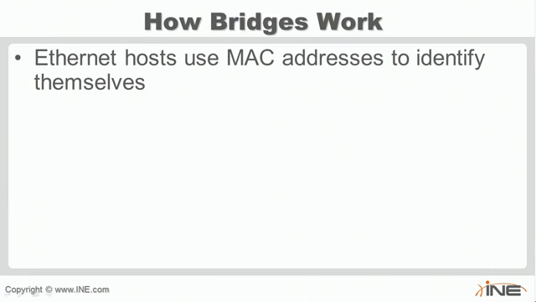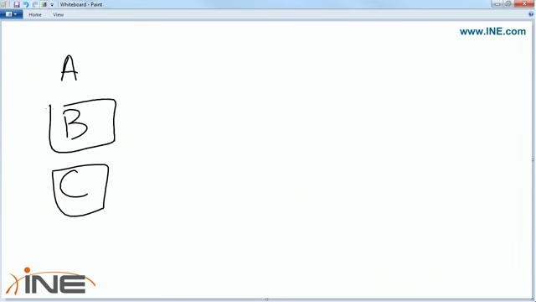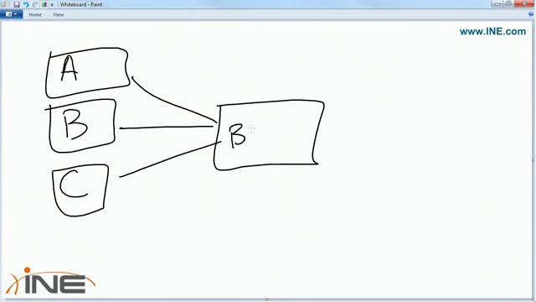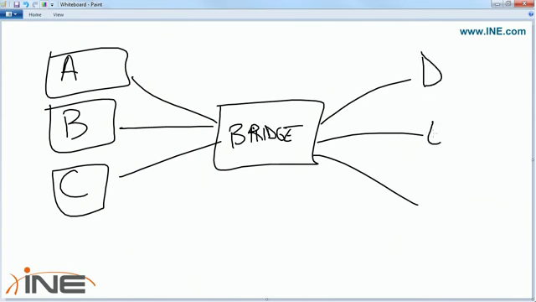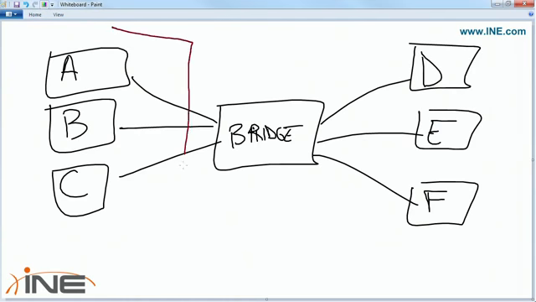So we could think about the bridge as if we had a connection between two portions of the local area network, where let's say that we have hosts A, B, and C on the left-hand portion of the bridge. Somehow they connect to the bridge, and then on the other side we have hosts D, E, and F. On this side, all three hosts, A, B, and C, are in the same collision domain.